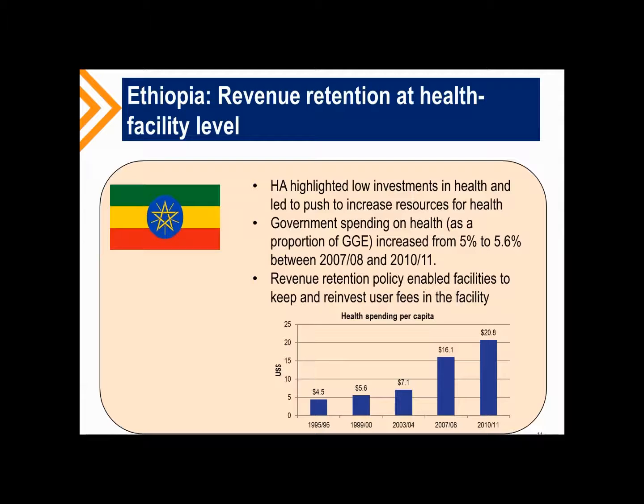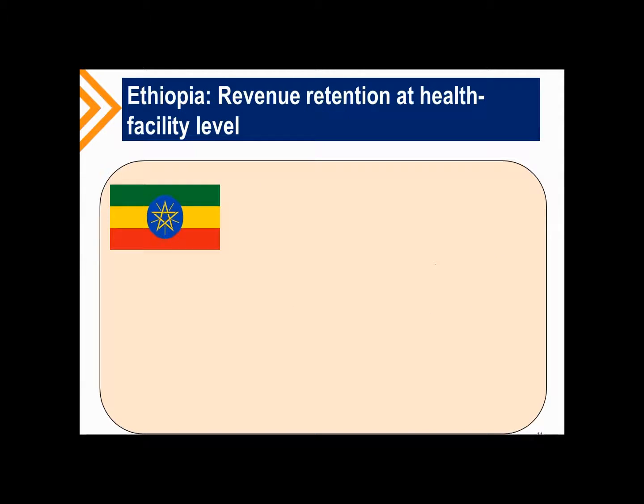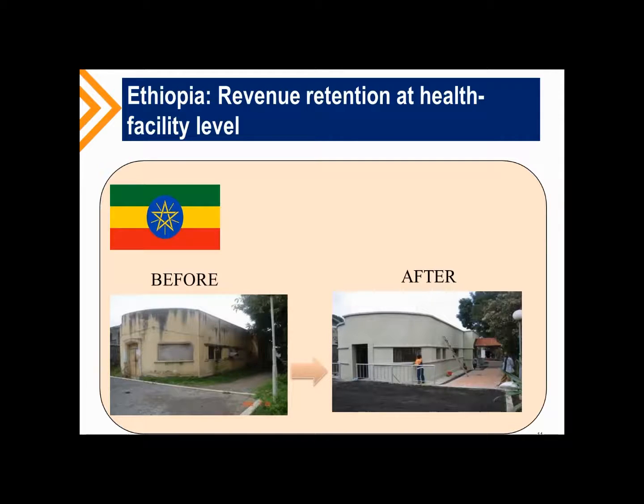The revenue retention policy enabled health facilities to keep user fees that they earned and reinvest them in the facility. These retained revenues were used on things such as improving infrastructure at the facilities, training staff, and purchasing drugs, etc.